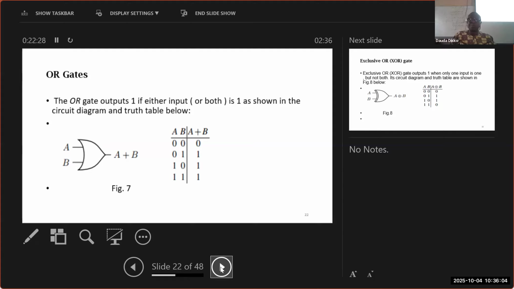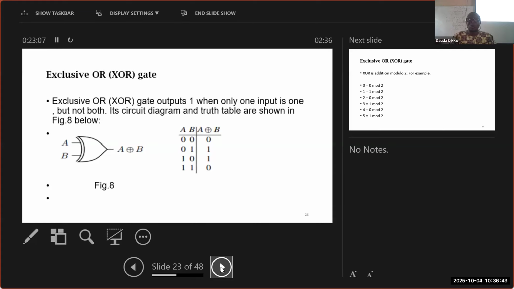So you can have 2 bits, A and B, pass through the OR gate, and the output is represented by A plus B. But it's not the same thing as the AND gate, where we have multiplication. With A plus B, you expect that 1 plus 1 should be 2, or simply 0 and 1.